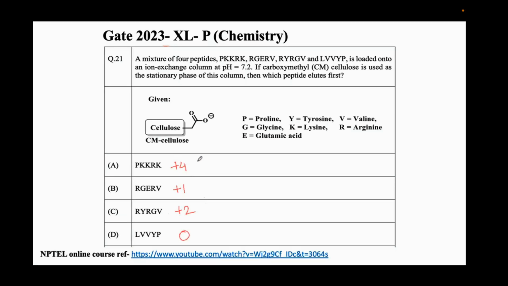So all these positively charged peptides will bind to the carboxymethyl cellulose column, to the negatively charged group. But the last peptide, leucine, valine, tyrosine, and proline, doesn't have any charge, and thus it won't be bound to the column and it will be eluted first. So the option is D.